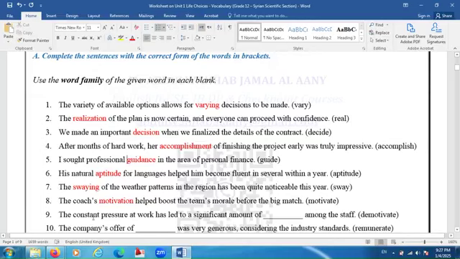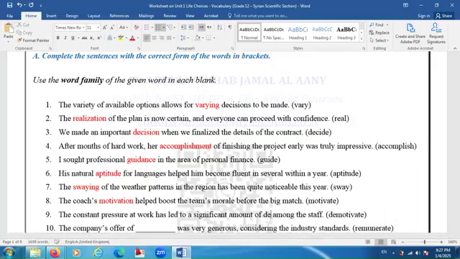Number 9, the constant pressure at work has led to a significant amount of demotivation among the staff. Demotivation.